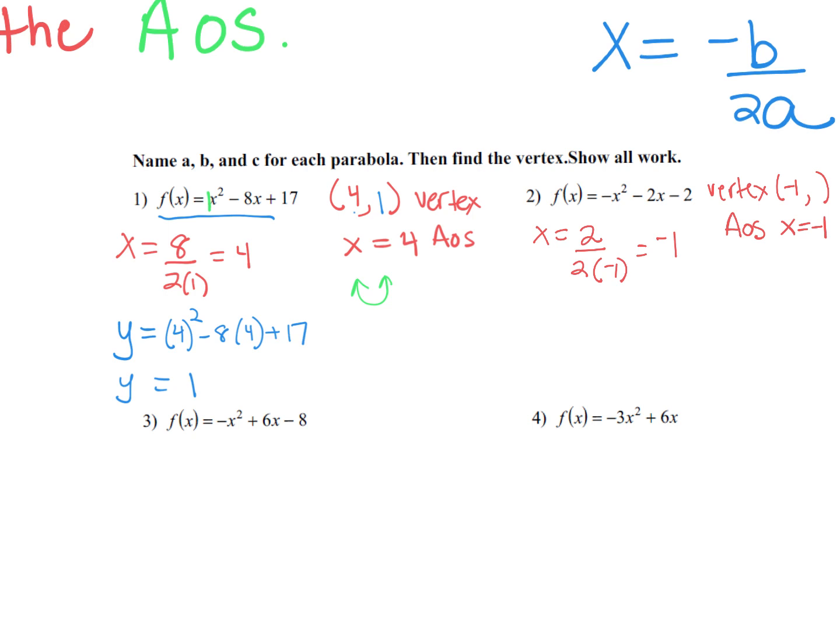And so now I'm going to go to the y-coordinate of the vertex by going back to the original equation. And this is the opposite of our x value squared minus 2 times our x value minus 2. And so when I figure out that computation, the y value of my vertex is -1.